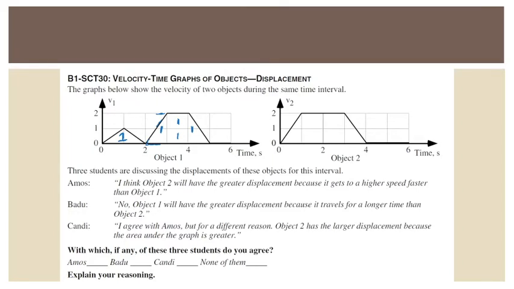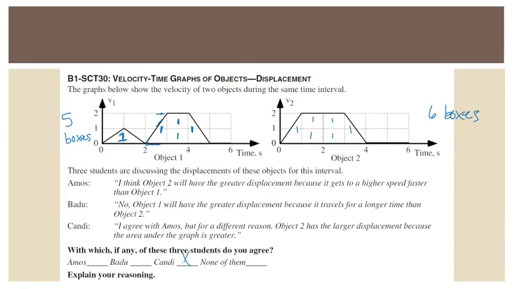So we have 1, 2, 3, 4, 5 boxes for graph 1. And for graph 2, we have 1, 2, 3, 4, 5, 6 boxes. And that's the point here.